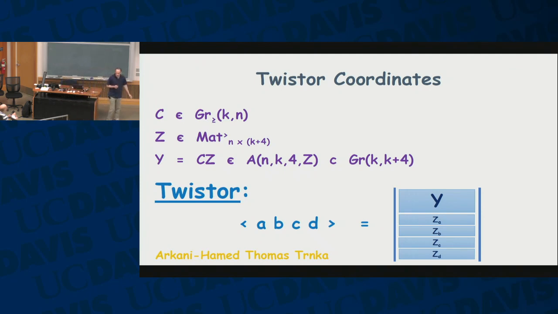How to think about these twistor coordinates? This more or less corresponds to what happens with polytopes, which can be described either as a convex hull of a certain set of points or as the intersection of a certain set of half spaces, which are given by certain hypersurfaces in the hyperplanes. Here it's more or less the same.